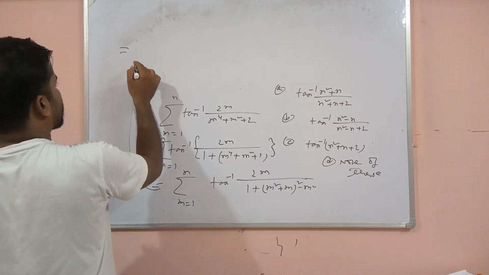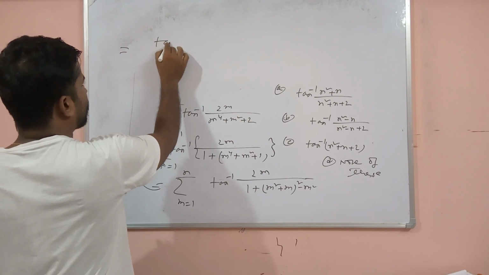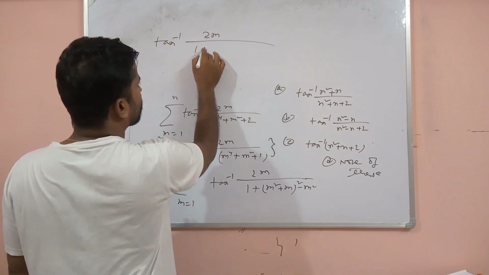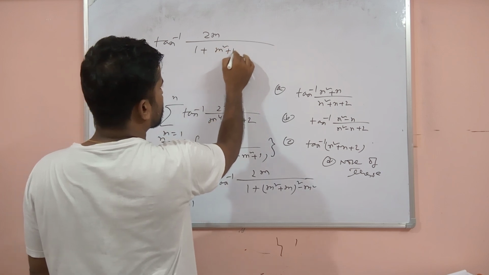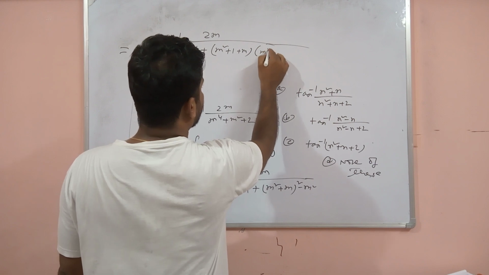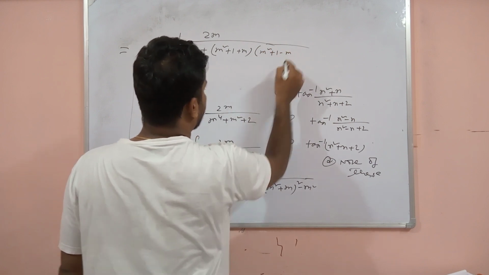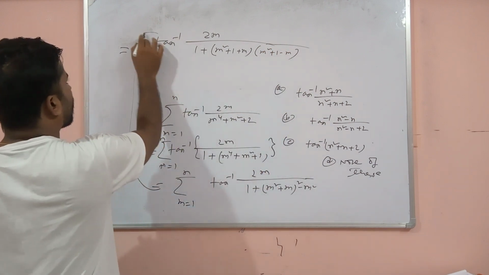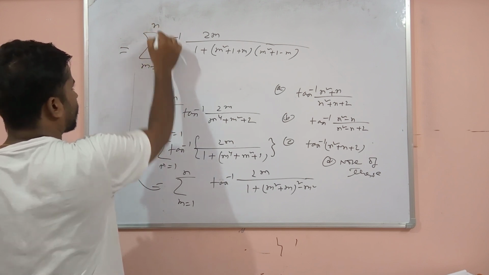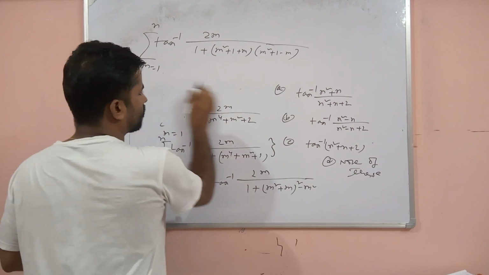So next step would be tan inverse of twice m by 1 plus m square plus 1 plus m into m square plus 1 minus m, from 1 to n.